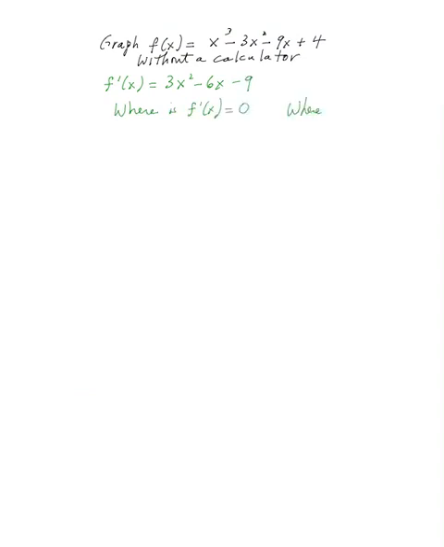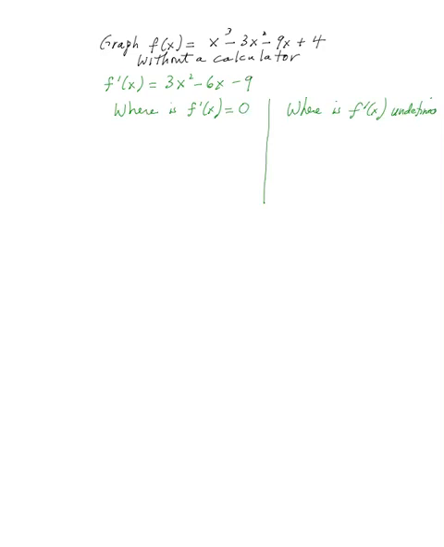And I ask, where is f prime of x undefined? In other words, where does it not exist? Well, we know that 3x squared minus 6x minus 9 is defined for every real number.